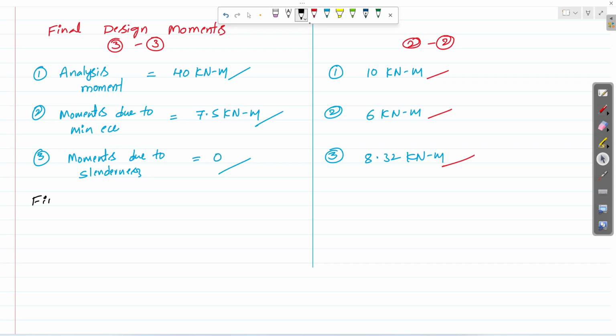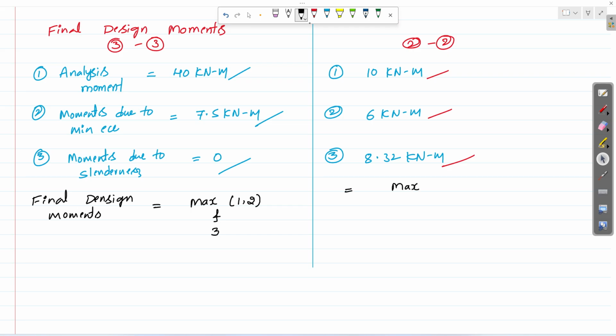So final design moments equals maximum of 1 and 2 plus 3. So here also same.